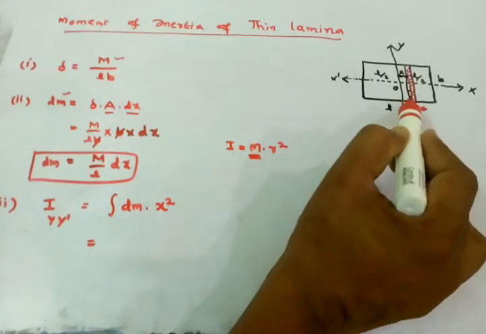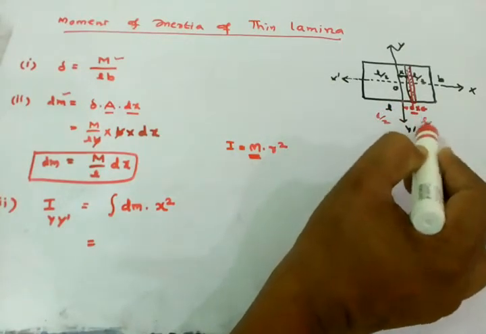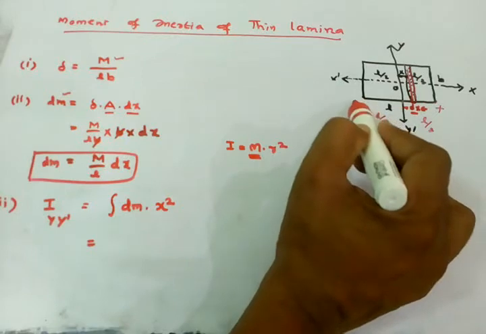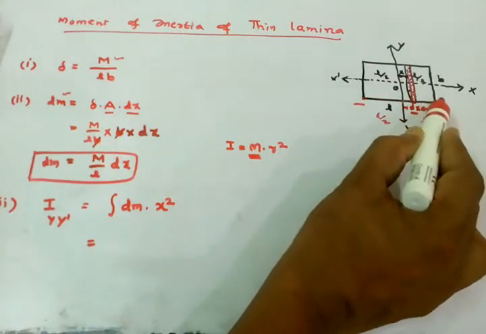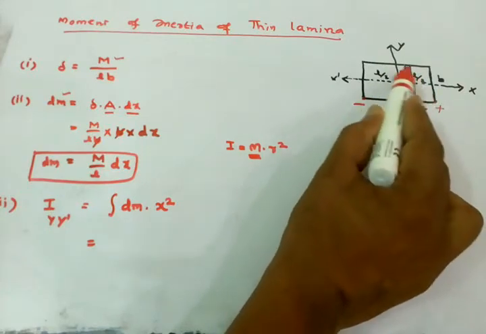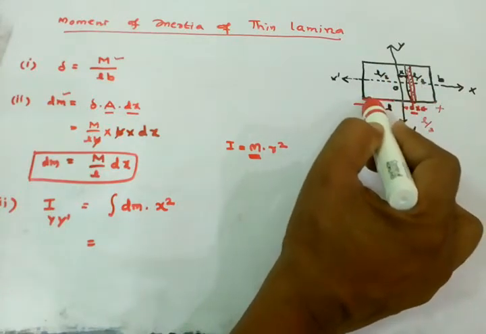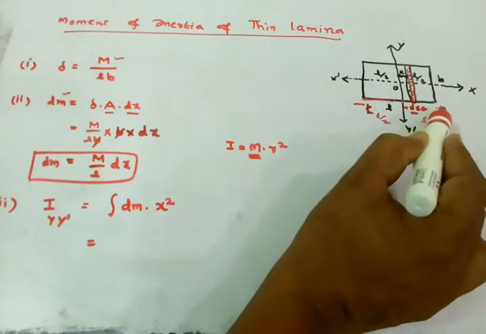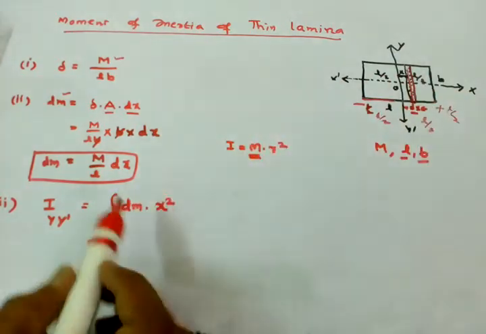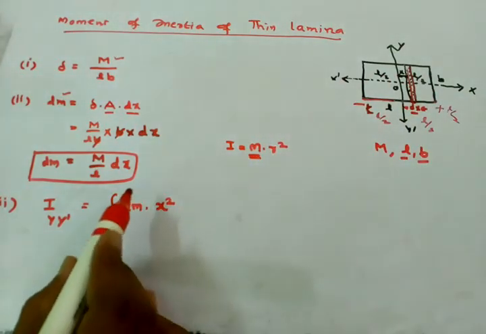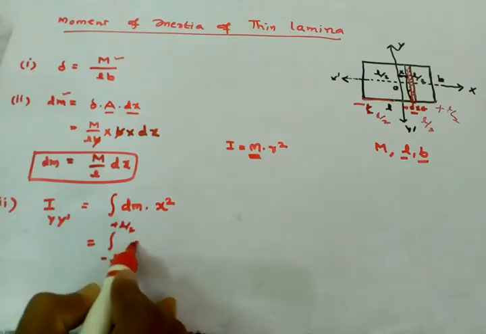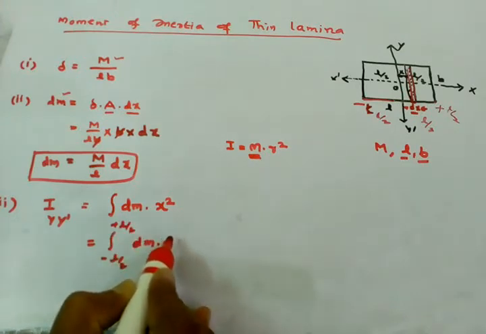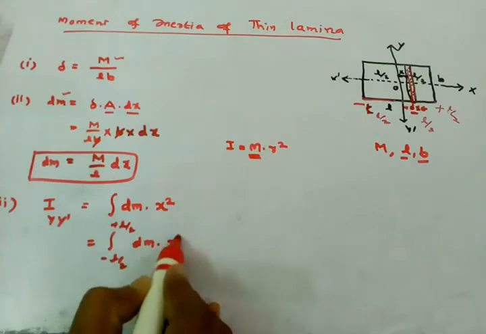The elemental mass extends from minus L by 2 to plus L by 2, which covers the total mass. So the integration is from minus L by 2 to plus L by 2 of dm x square.